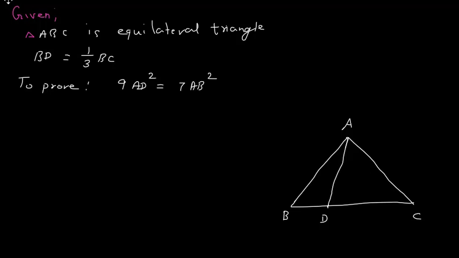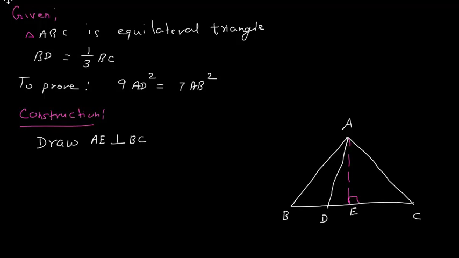So before we write the proof, we do a small construction. We draw AE perpendicular to BC.